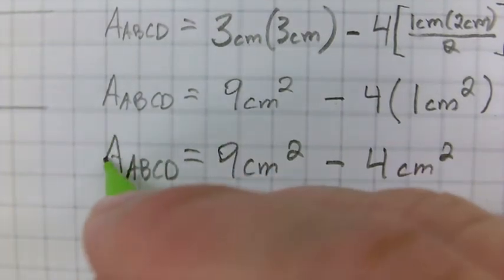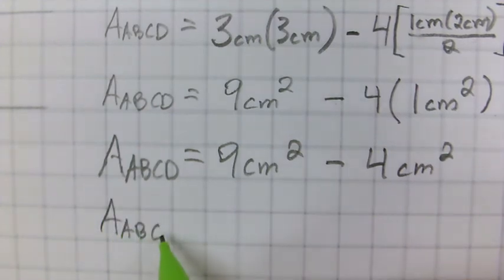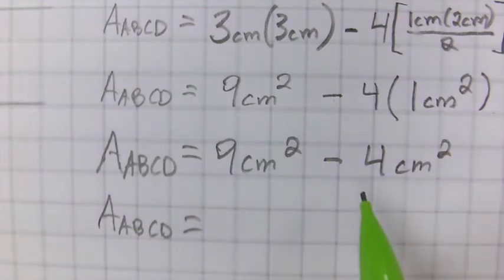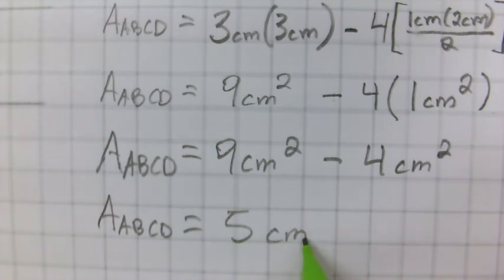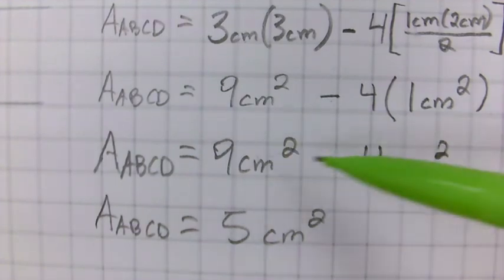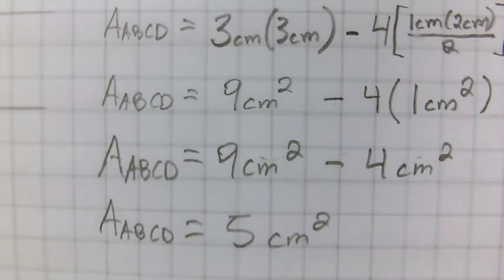So the area of ABCD is finally equal to 9 centimeters squared, subtract 4 centimeters squared, 9 subtract 4 is 5 centimeters squared. So with adding and subtracting, we have to make sure the units are the same, and then it just stays the same units when we add or subtract.